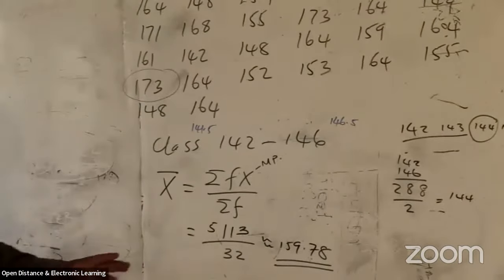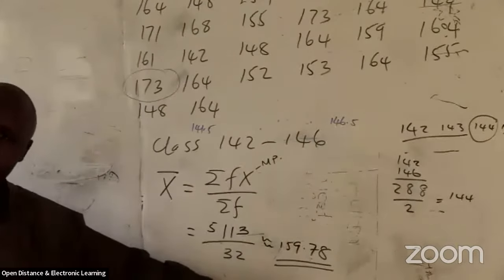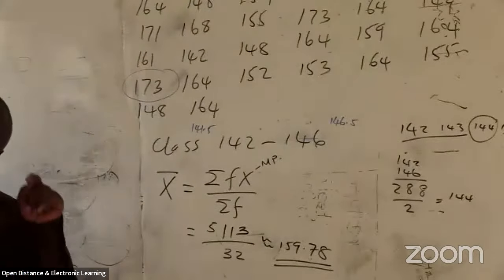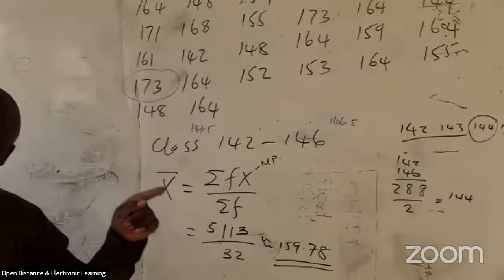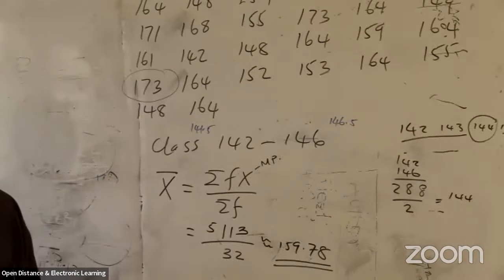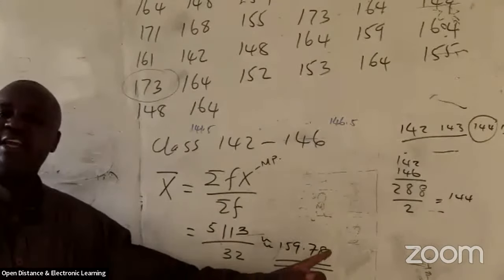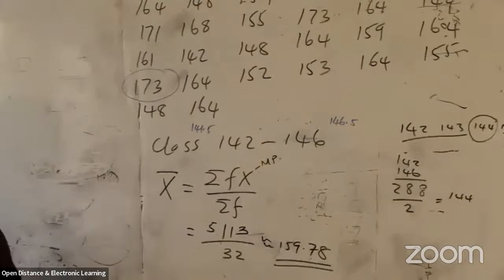159.78. Whose interpretation we gave last time? That this is the average value of whatever we are given, which is the height in centimeters of the students. So the average height of these students is 159.78 centimeters. That is the average, and that is the mean.